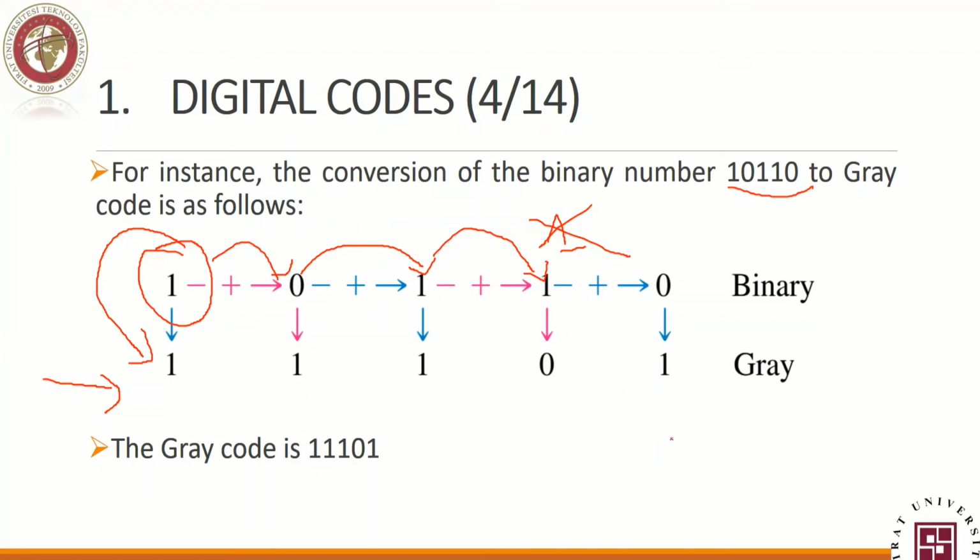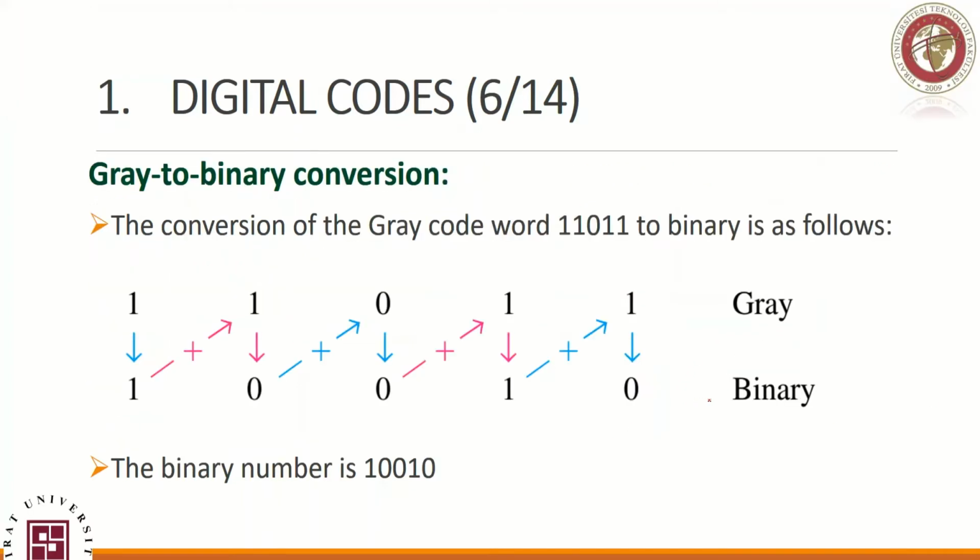All right. How about the other way around? If we have a gray code and we want to convert it back to binary, what can we do? It's also straightforward. It's easy. You take the leftmost bit. I wouldn't say MSB because this is not weighted. Take the leftmost bit, drop it down the way it is. This is the MSB of your binary.